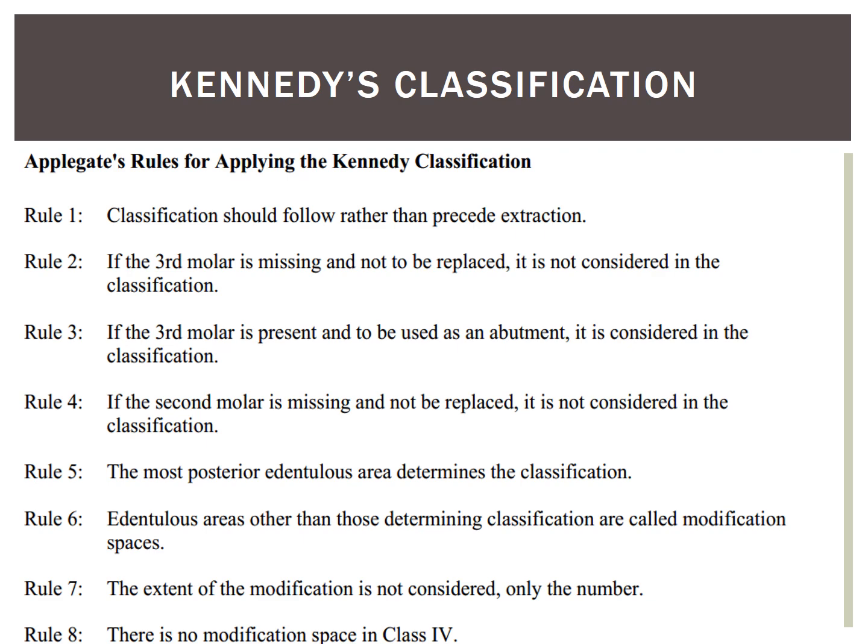The extension of the modification is not considered, only the number. So how many teeth are missing is not considered, but how many modifications are present, that's what we are going to consider. There is no modification in class 4. That is one important point. If it is a class 4, no modification, it is only a class 4. You don't have modification spaces for class 4.